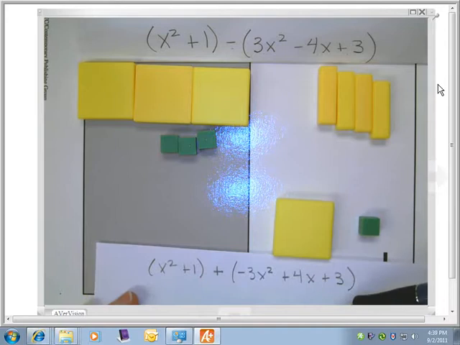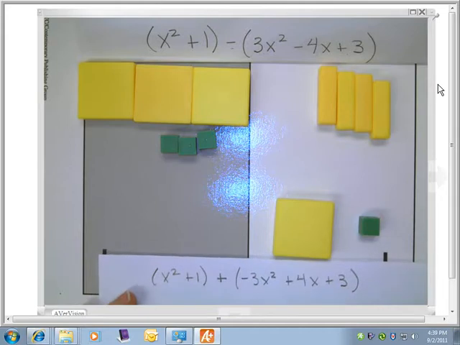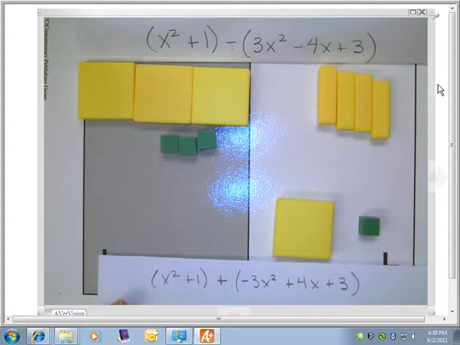These two problems are the same problem. My mat is showing the same problem as well. So now we're going to add like terms.